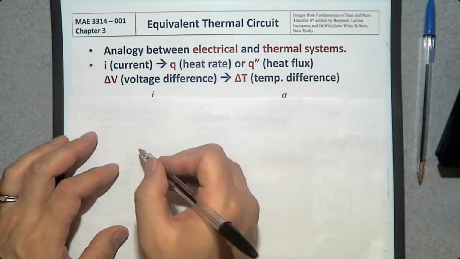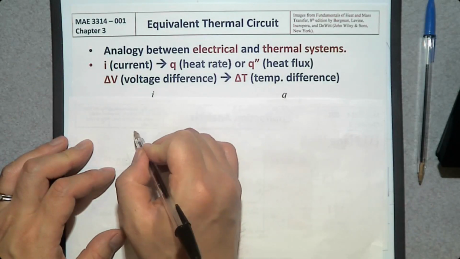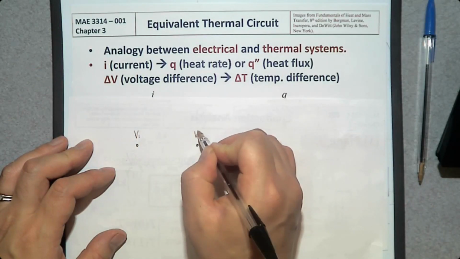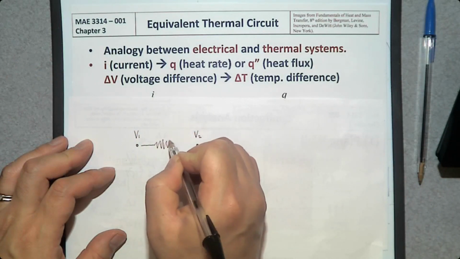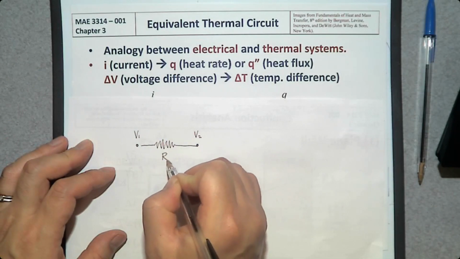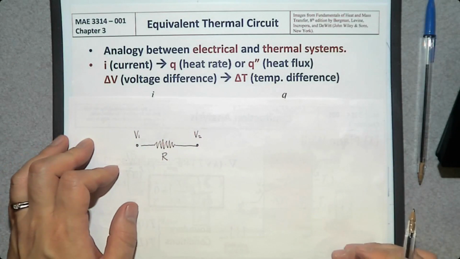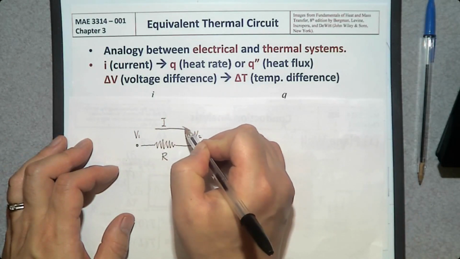So when you have electricity passing these 2 points, so this one is V1, this one is V2. The electricity is passing this resistance, whose resistance is R. Then what is the electricity? What is the current? Current is I. I is going this way.